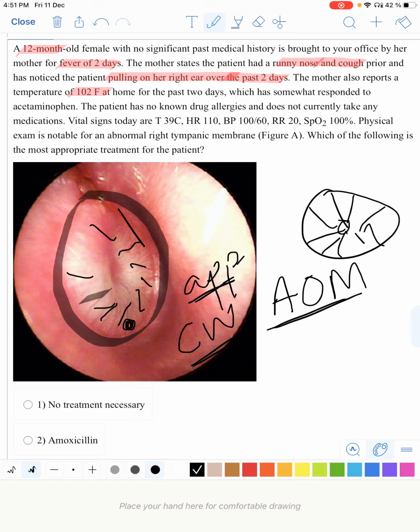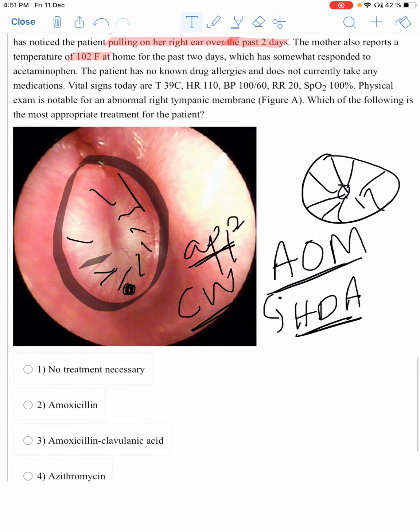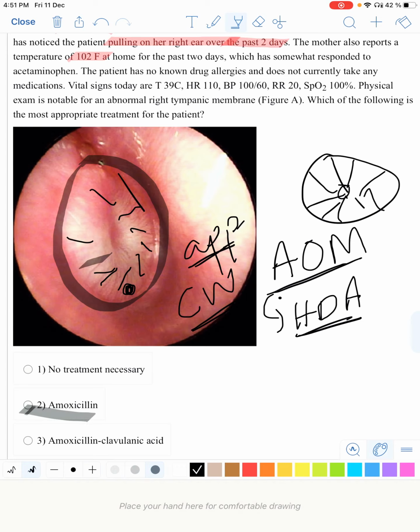We give antibiotics first. So what should be the antibiotic for such a patient? That is high dose amoxicillin. So the answer of this question is amoxicillin, that is high dose amoxicillin. So these are the questions. Thank you very much.